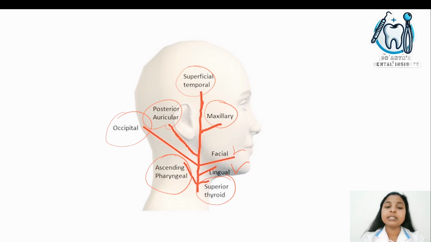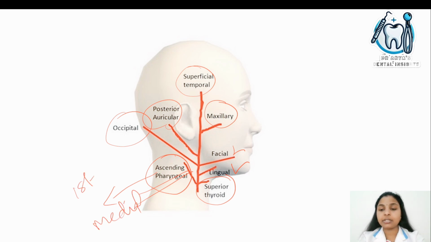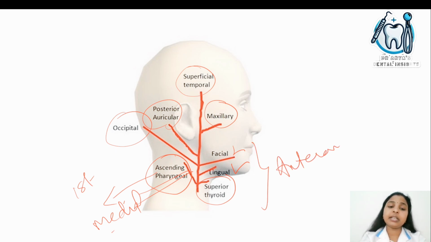So the first is the ascending pharyngeal artery, and it is the medial branch of the external carotid artery. Then these are the anterior branches, that is facial, lingual and superior thyroid arteries.